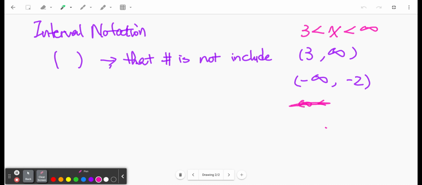My bad. So it will just be x is smaller than -2. Negative infinity just means at the end, it doesn't have a range. It doesn't have a set number. All right, so parentheses mean the number is not included. How about a bracket? If you see a bracket, it means that number is included.